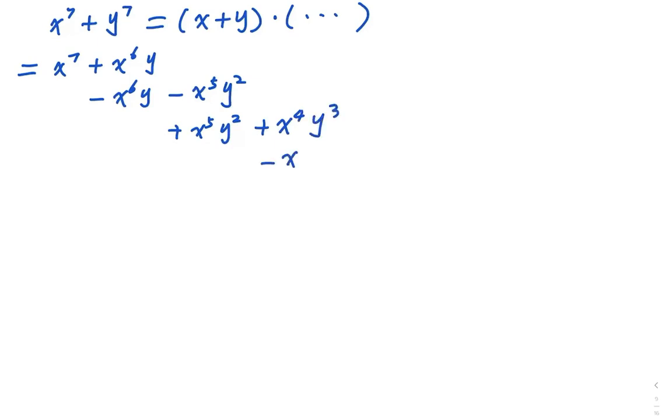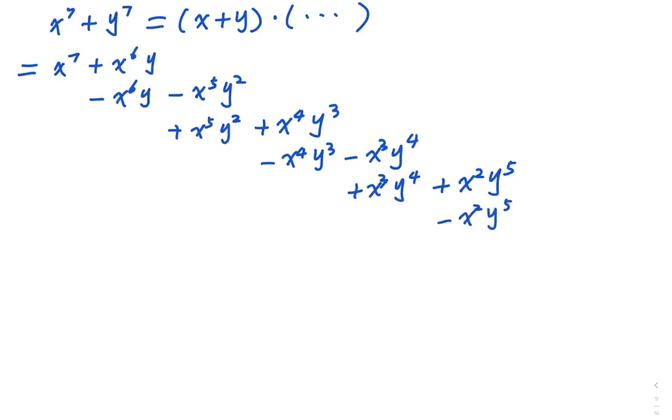Then minus x to the power 4 y cubed, minus x cubed y to the power 4. Add back x cubed y to the power 4. Then add x squared y to the power 5. Subtract x squared y to the power 5. Subtract x y to the power 6. Add back x y to the power 6. Finally, add y to the power 7.